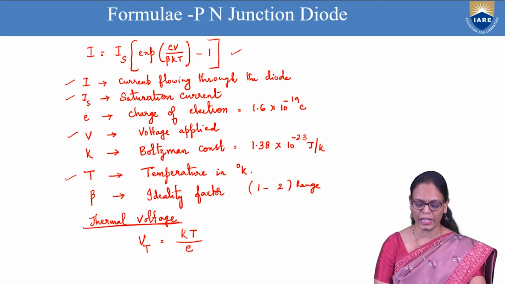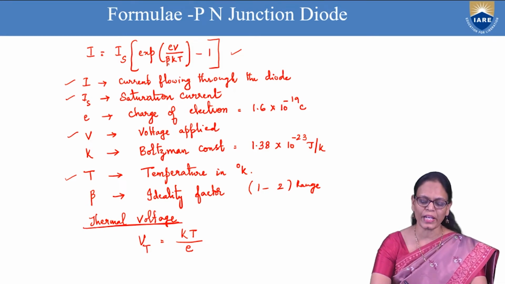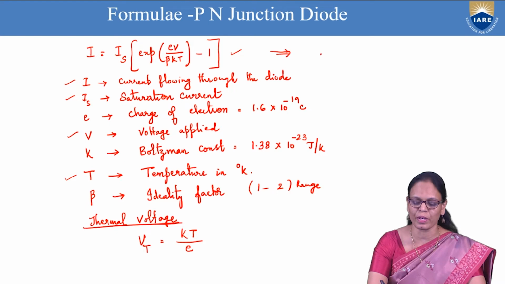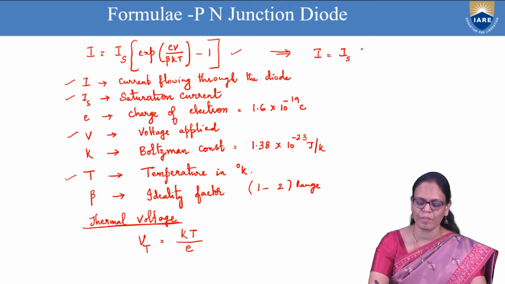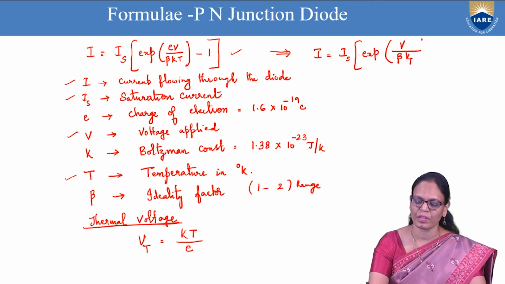So I can modify this formula and write it as I is equal to Is exponential V by beta Vt, minus 1.